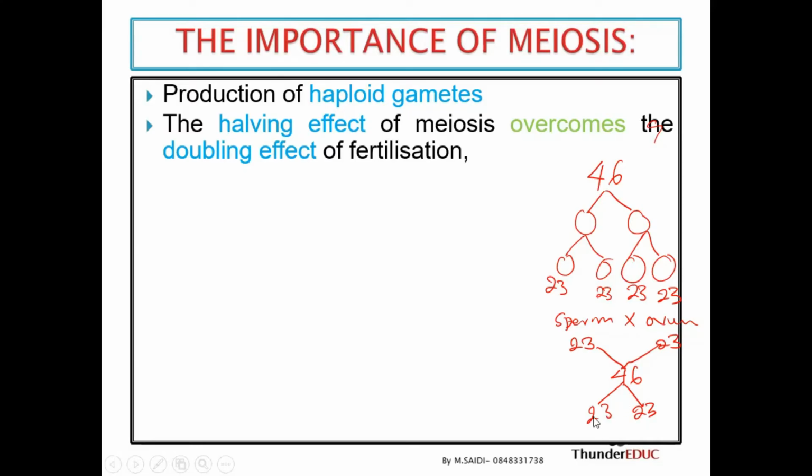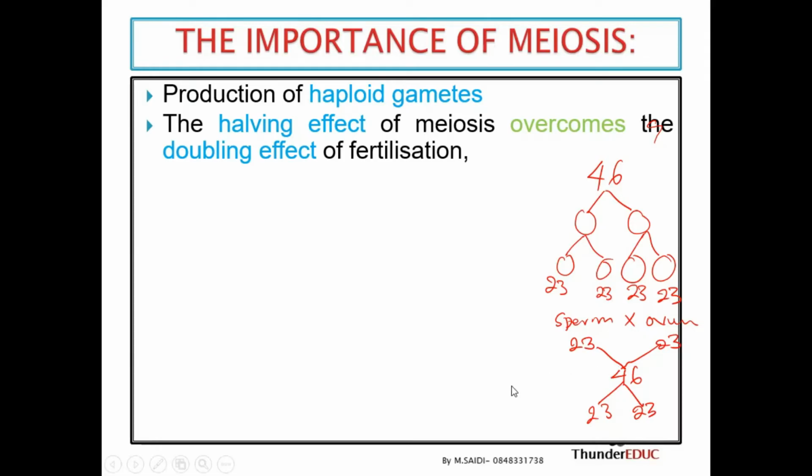So this helps us to keep the number of chromosomes constant from one generation to the next generation. But if this halving effect was not there, then if fertilization occurs, it would have been 46, and then you form another one which is 92, then 92 again, and you form a big number.